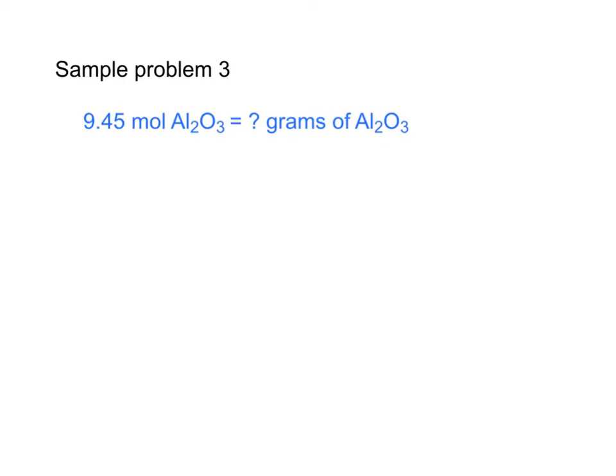So here's my first example. I have 9.45 moles of Al2O3. So my first thing is I'm going to be going from moles to grams. So I want to use my ratio of grams, my molar mass on top, divided by moles.